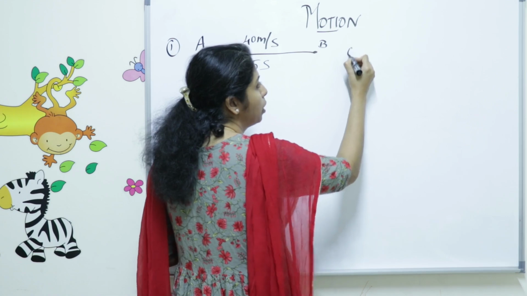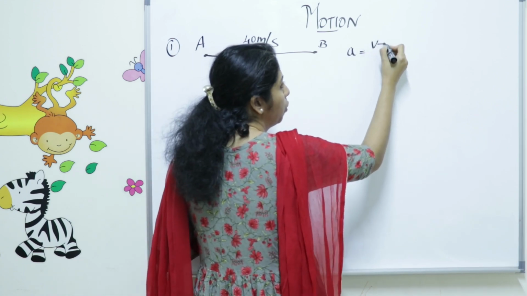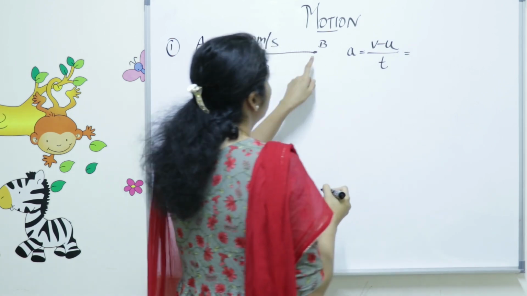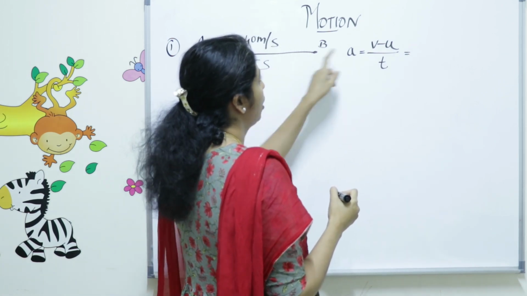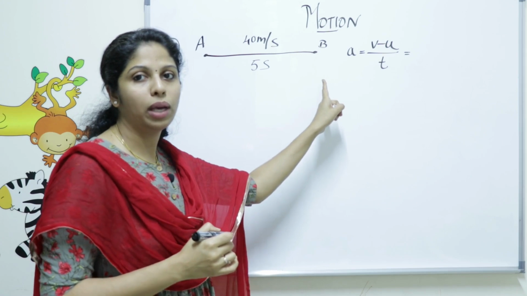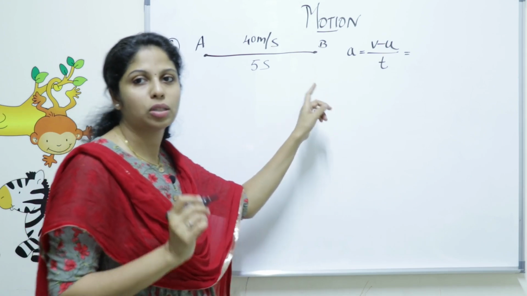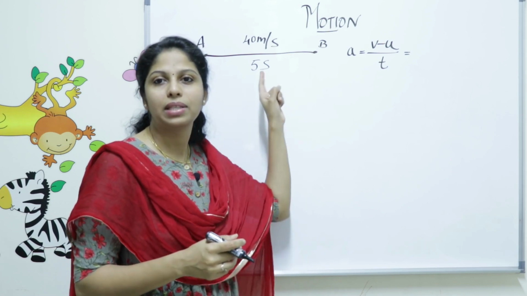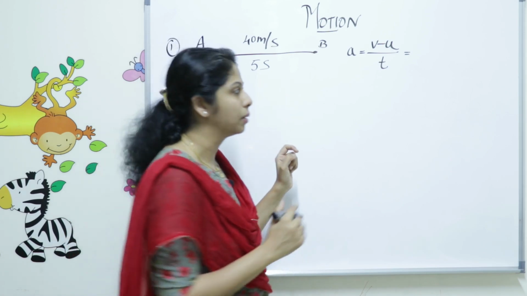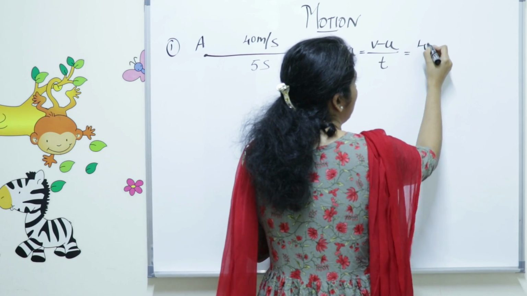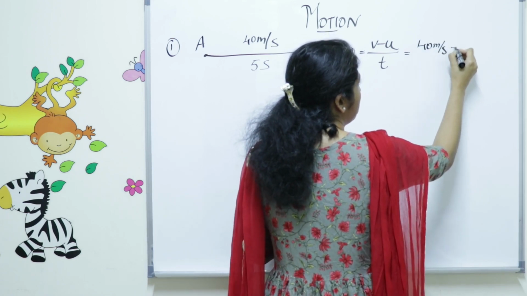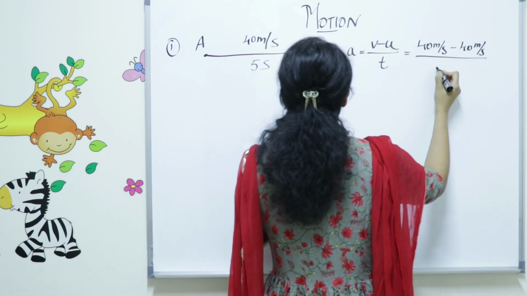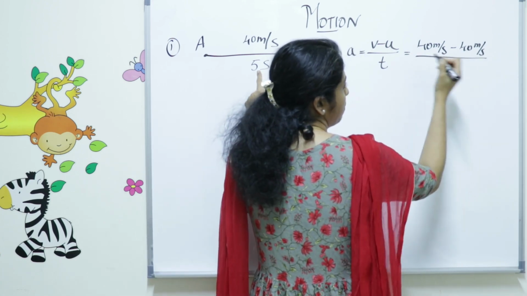From the formula we know that a is equal to (v - u)/t. Here throughout it is going with a constant velocity, so the initial velocity and the final velocity are both the same, which is 40 meter per second. So, 40 meter per second minus 40 meter per second divided by time, which is 5 seconds.